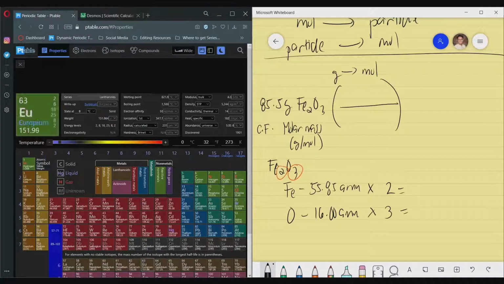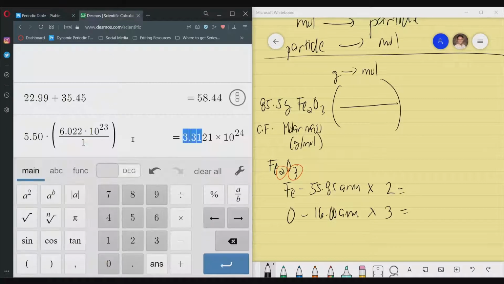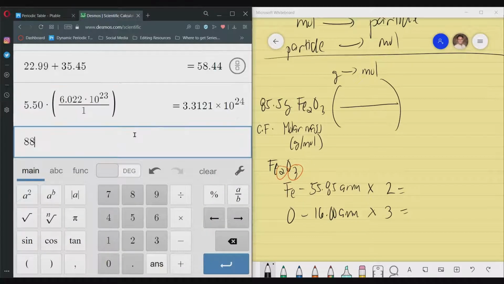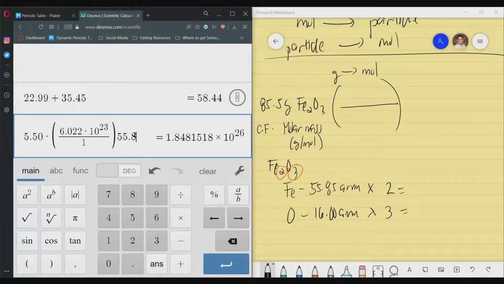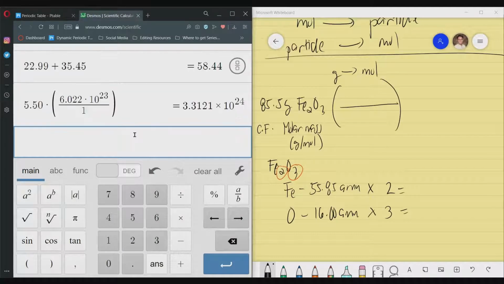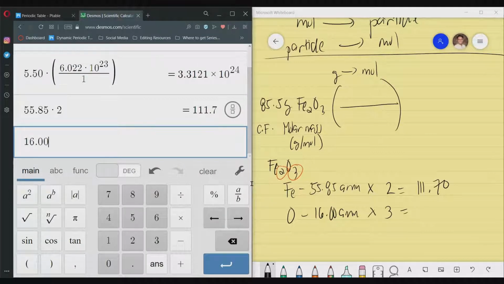So input this one in the calculator. Specifically, 55.85 multiplied by 2. I have 111.70, since this is 2 decimal places. And then 16.00 times 3, I have 48.00.